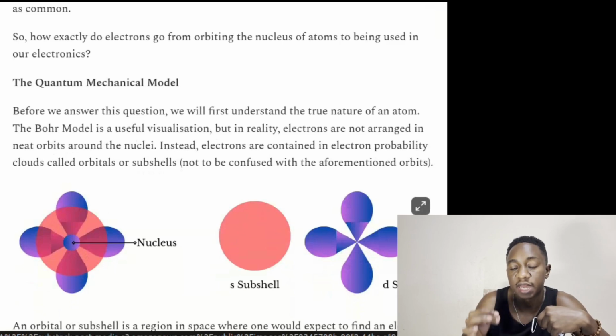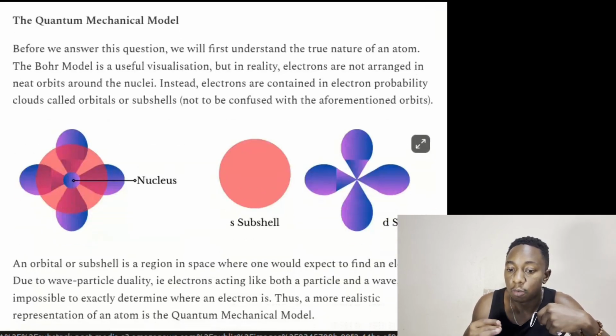The quantum mechanical model. Before we answer this question, we'll first understand the true nature of an atom. The Bohr model is a useful visualization, but in reality electrons are not arranged in neat orbits around the nuclei. Instead, electrons are contained in electron probability clouds called orbitals or subshells, not to be confused with the aforementioned orbits.